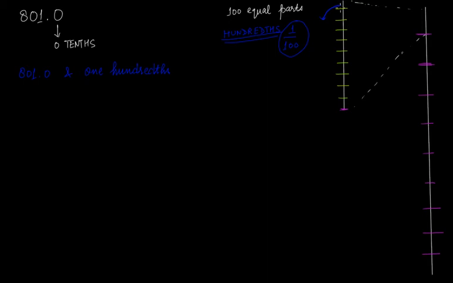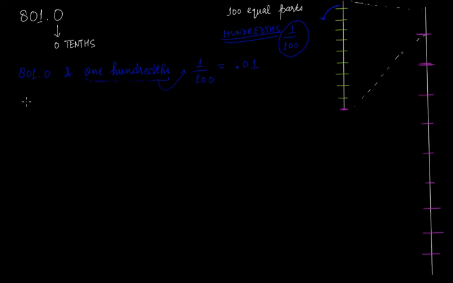Because you have been given only this section. What fraction does 1/100ths represent? This is 1 over 100. If you divide 1 by 100, you will get 0.01.